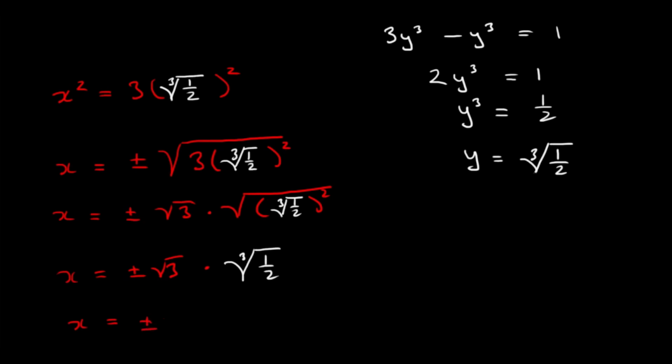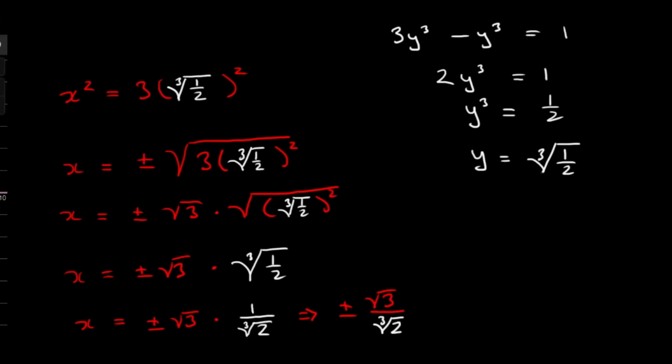We'll have plus or minus square root 3 multiplied by the cube root of 1, which is 1, and in the denominator we'll have the cube root of 2, which we'll leave as the cube root of 2. So you can multiply those two things together and stack them up. So our x values, to finish off our coordinates here, are going to be at plus or minus square root of 3, all divided by the cube root of 2.